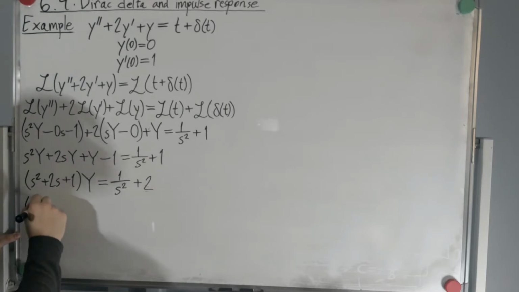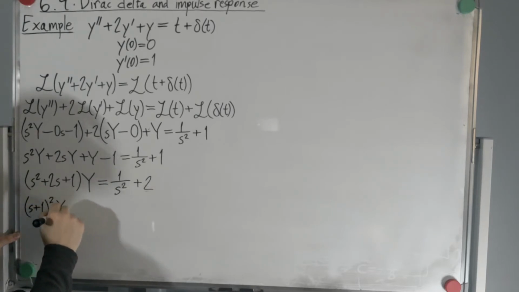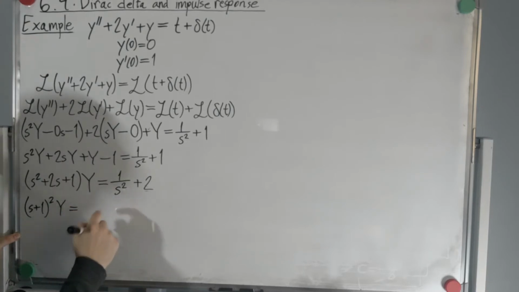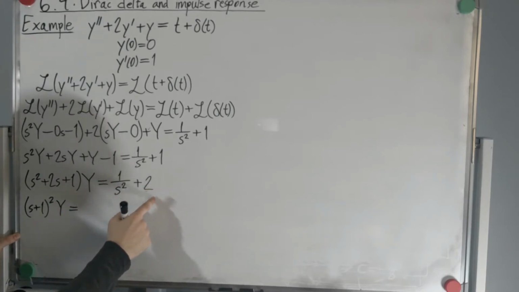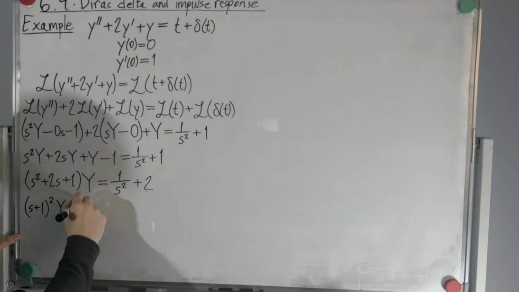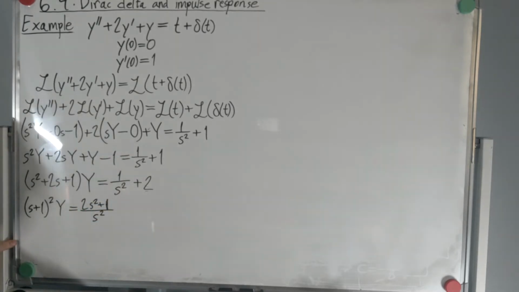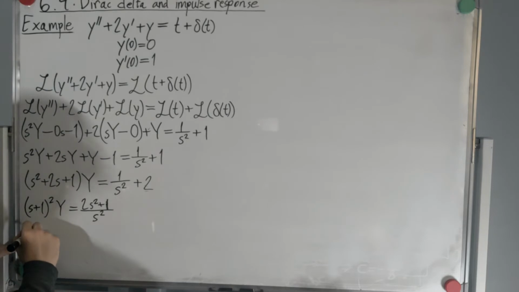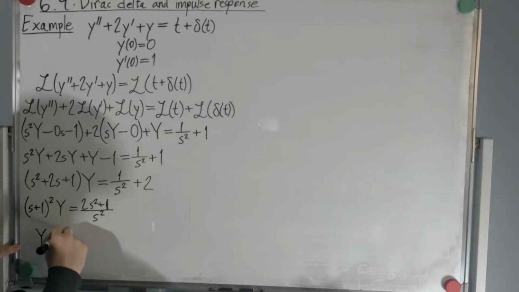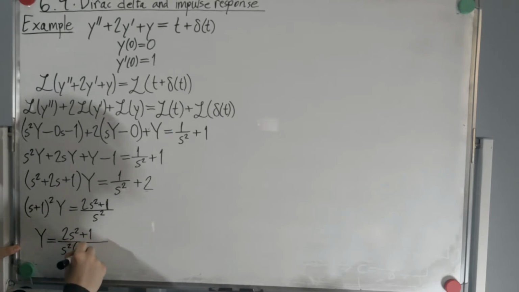So this is (s plus 1) squared times y equals 2s squared over s squared plus 1 over s squared, which is 2s squared plus 1 divided by s squared. Divide, and you get y equals (2s squared plus 1) divided by s squared times (s plus 1) squared.